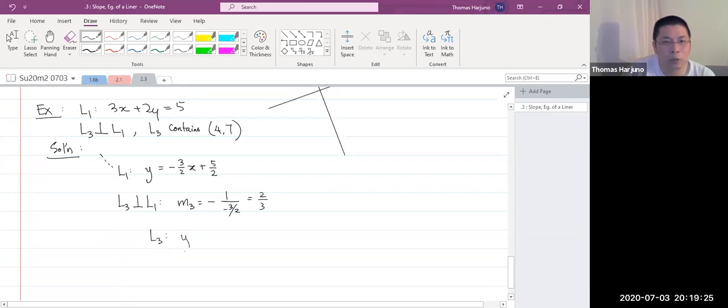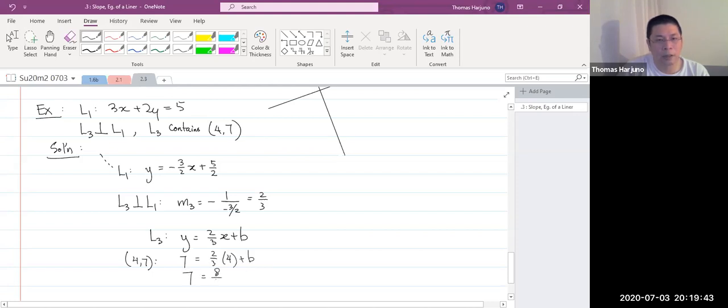Now my line 3 must have this equation, y equals 2/3 x plus b. Now plug in (4, 7). We are interested in finding the y-intercept, the b.